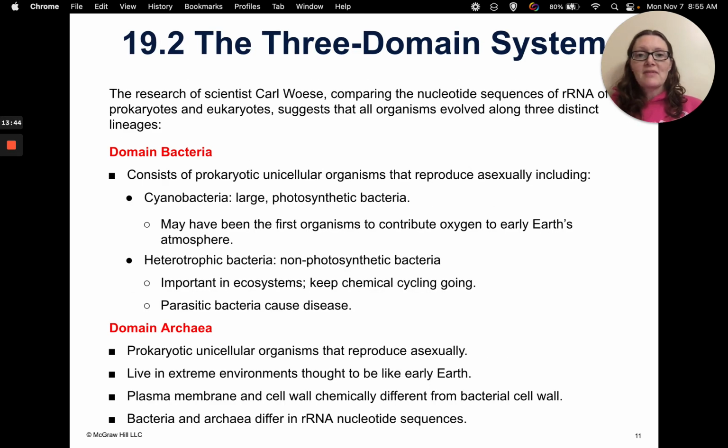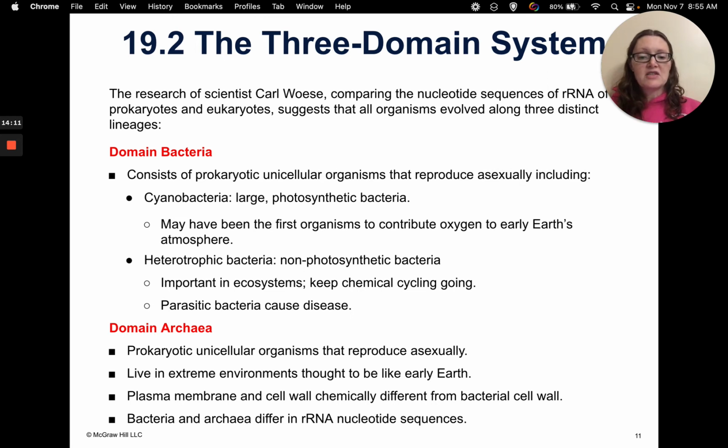It would be pretty cool, wouldn't it? So going back to the three main domains, we've got domain Bacteria and domain Archaeobacteria. Domain Bacteria consists of prokaryotes, because again, remember, bacteria are your prokaryotic ones, the ones that do not have a membrane-bound nucleus. And Archaeobacteria are also a type of bacteria, but these are a little bit different.